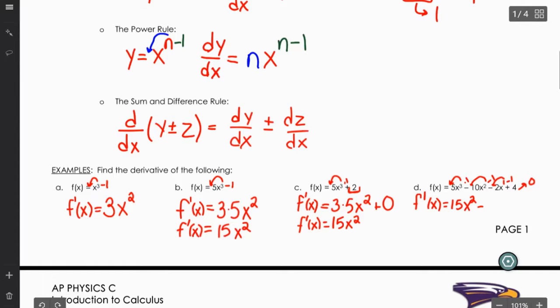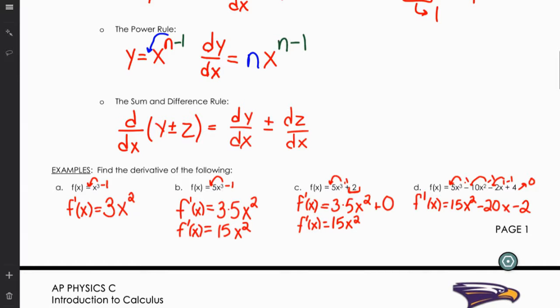Now 2 times 10 is 20, 2 minus 1 is 1, so x to the 1. Now I bring down the 1, and here's a line, we know it's 1 minus 1, so x to the 0 is just 1. So what is our answer? f prime of x equals 15x squared minus 20x minus 2.